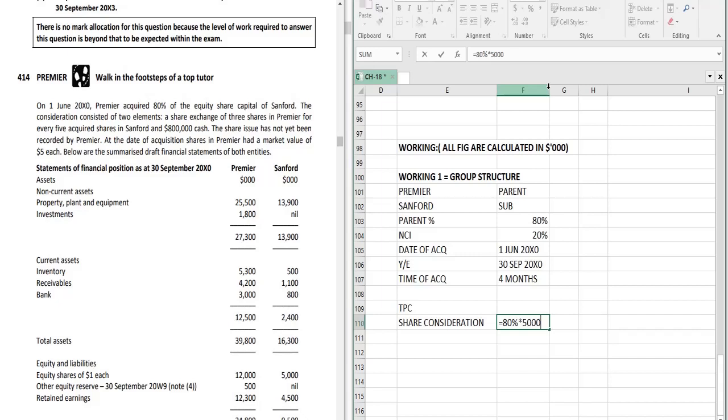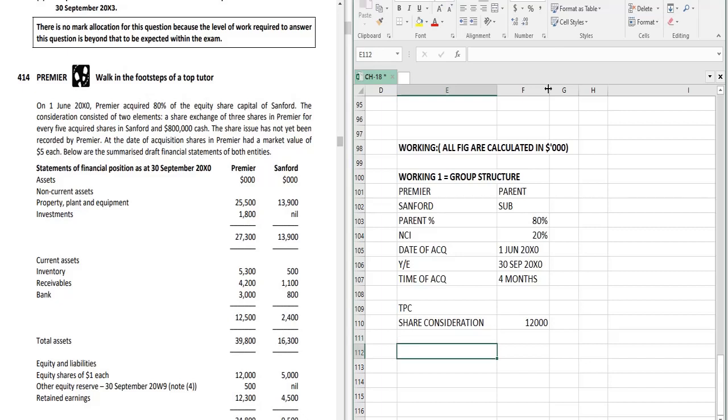Then the parent has given 3 shares and taken 5 shares of the subsidiary, so we will multiply in the ratio 3:5. Then we will multiply it by the market value of the parent company, which is given in the question, that is 5. So this one is the share consideration, and the other is 800 cash.